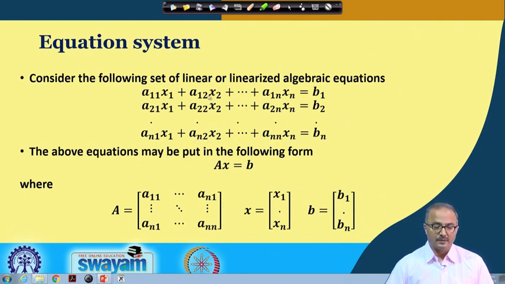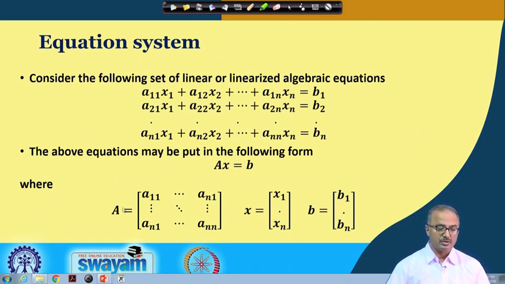Now we can club this system into a matrix form: A x equals b, where x is the vector of the unknowns and b is some kind of forcing function.